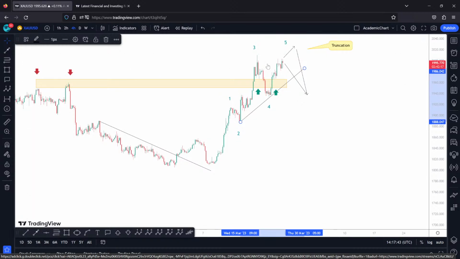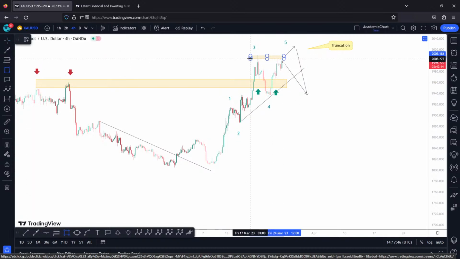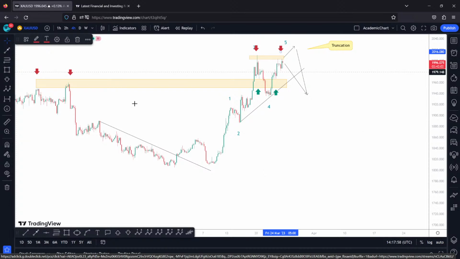And I'm also seeing this point as an hourly resistance zone, which price has also reached. And as another point adding to that, why I'm thinking that it might be done, you can see that, oh, not the correct tool.